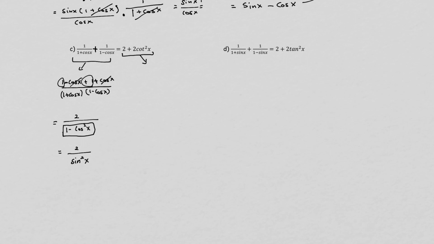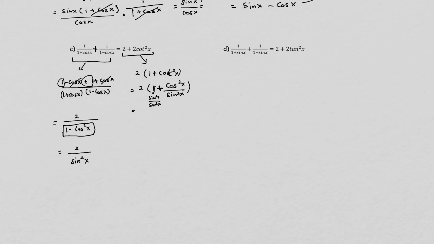So I will factor 2. Then I get 1 plus cotangent square x. And we wanted to make it sine and cosine, so it will be cosine square x over sine square x. And you need to do additions. So this 1 will become sine square x over sine square x, right?